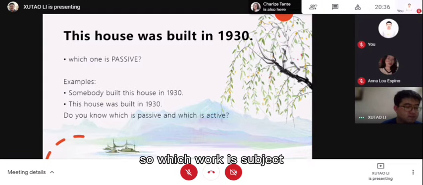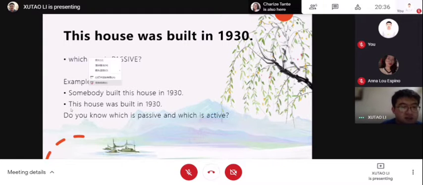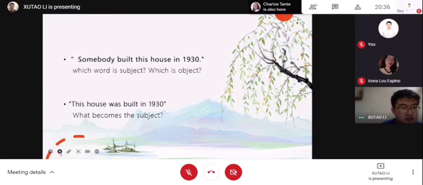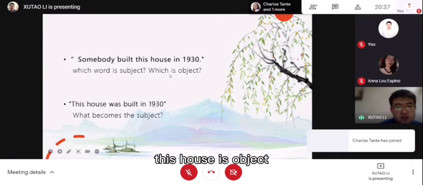Which word is the subject and which is the object? Sir, the subject is somebody, and this house is the object. Yes. So in this sentence, this house is the object.